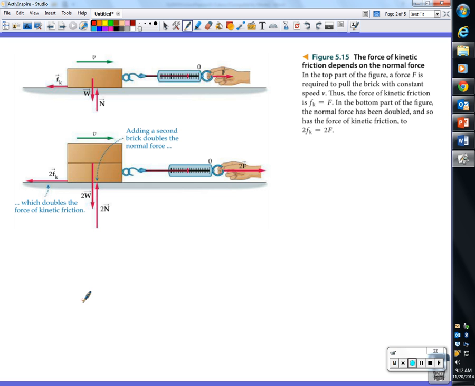That constant velocity is represented up here with the green arrow V, and in both instances, they're moving those objects with the same constant velocity. The top object is 1 brick. The bottom object is 2 bricks stacked on top of one another.